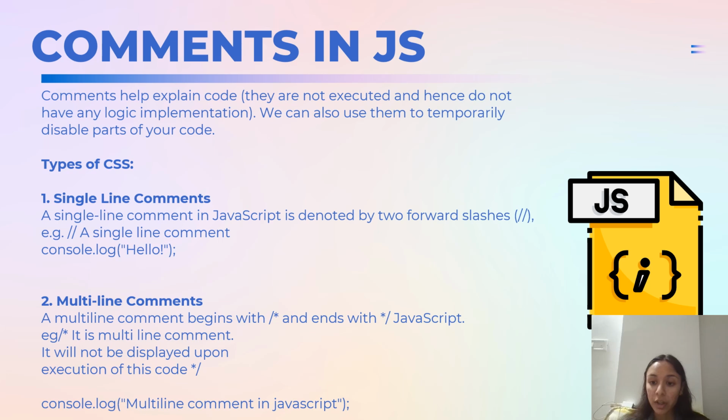So now moving on, how do we write comments in JS? For writing a single line comment, we'll use a double slash. And if you want to write multi-line comments, then you use a slash and asterisk, then again an asterisk at the end of the content and a slash.